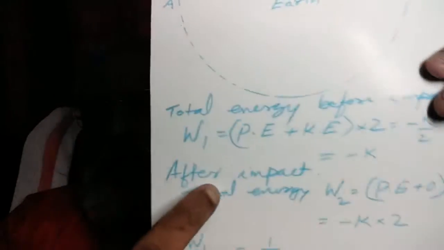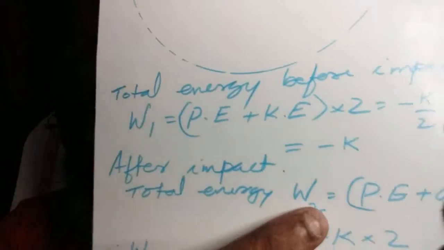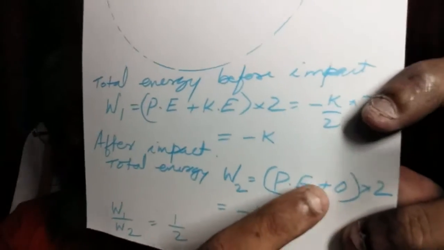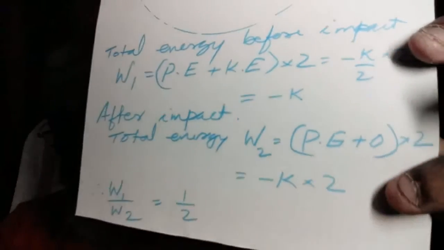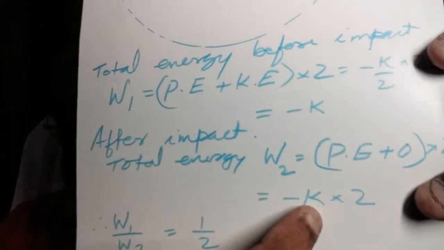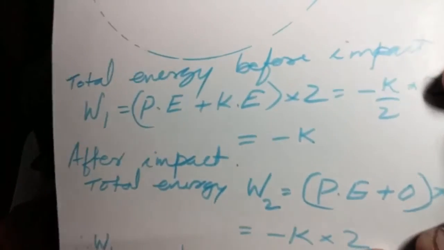Then the total energy. So here the kinetic energy becomes 0. Still there is potential energy. And after collision, W2 equals potential energy plus kinetic energy, which is 0. Potential energy is minus k into 2.